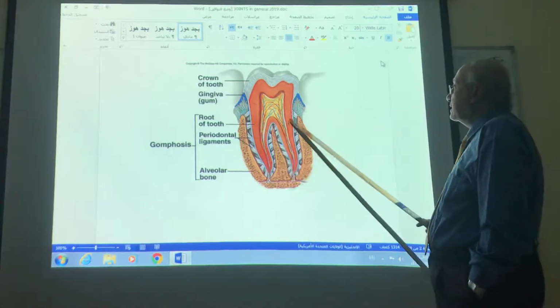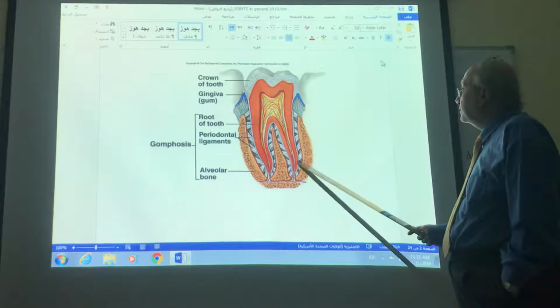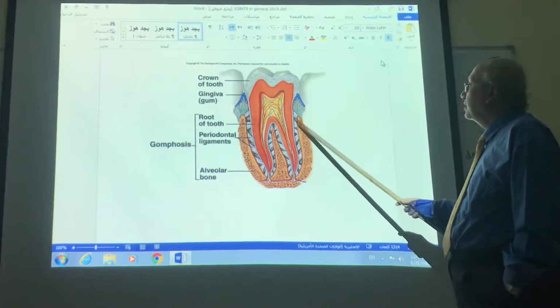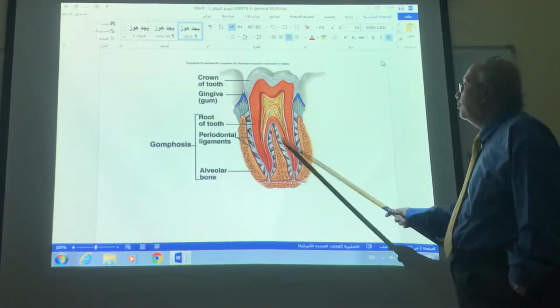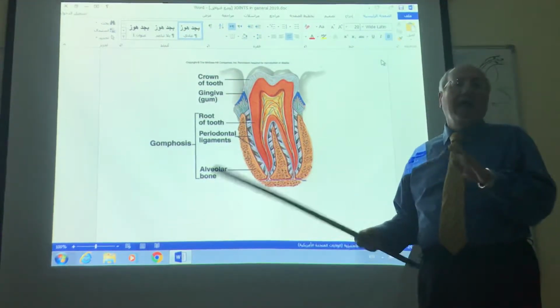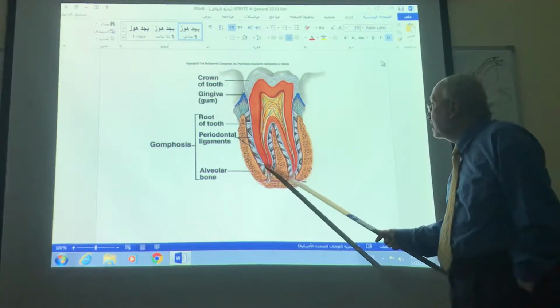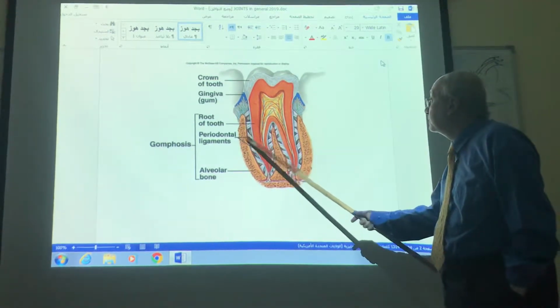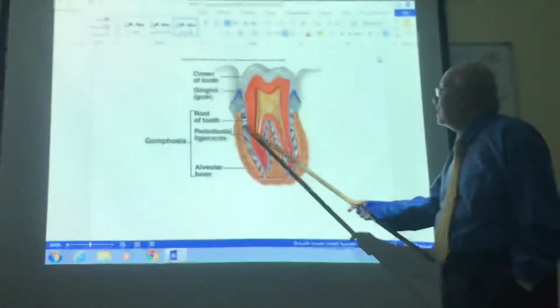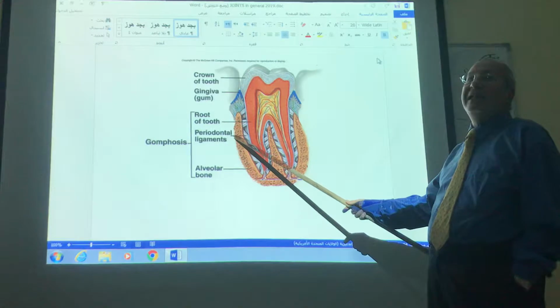The root of the teeth is connected in its alveoli of the mandible or the alveoli in the maxilla by this fibrous tissue. This is considered a fibrous joint, and this ligament is called periodontal ligament.